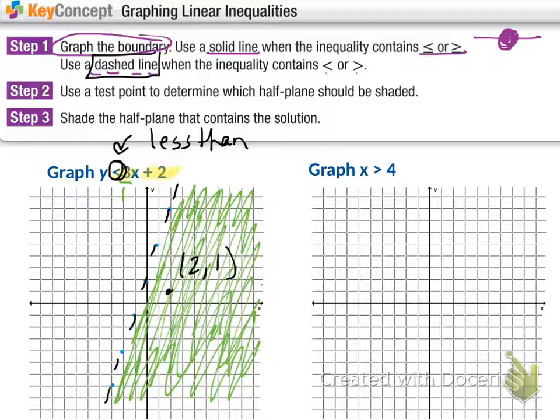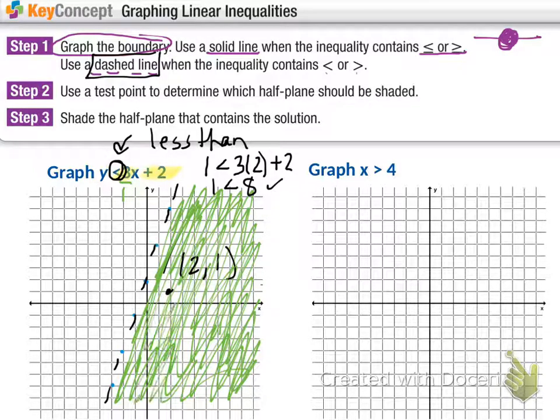I could plug in a 2 for x and a 1 for y. So it would be y is less than 3 times 2 plus 2. Is y less than 6 plus 2, 8? Yes. So that's why this area down here is shaded, because it could be a solution. Any point in that whole area can be a solution.